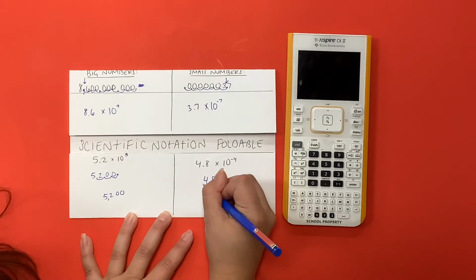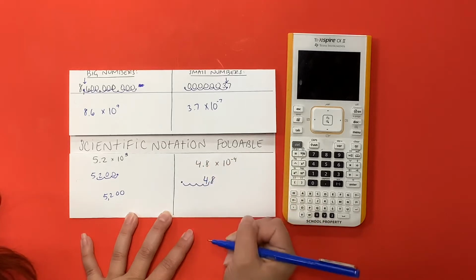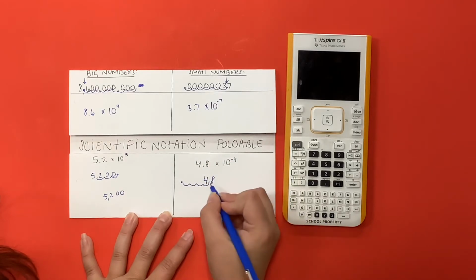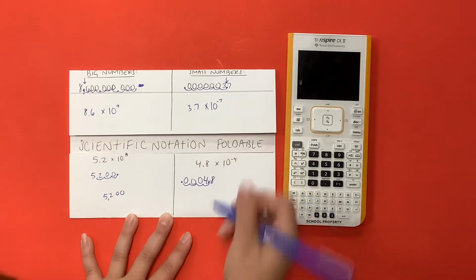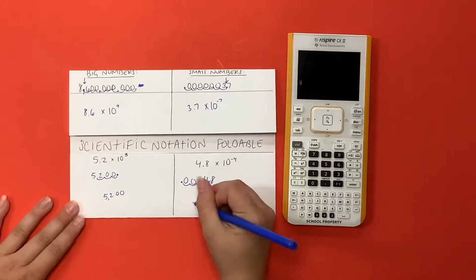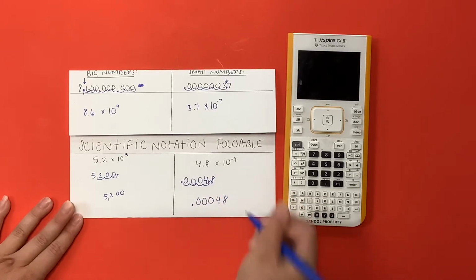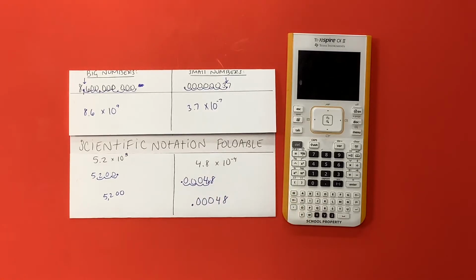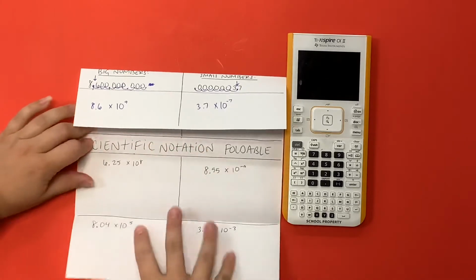I'm going to move it 1, 2, 3, 4 times. The decimal is going to be right there now. It's not there anymore. And I fill in these little spots that I moved with zeros. So I have 0.00048.